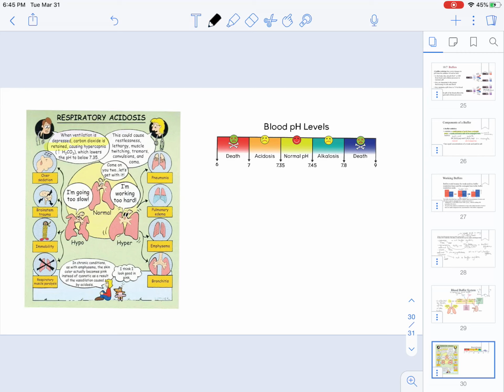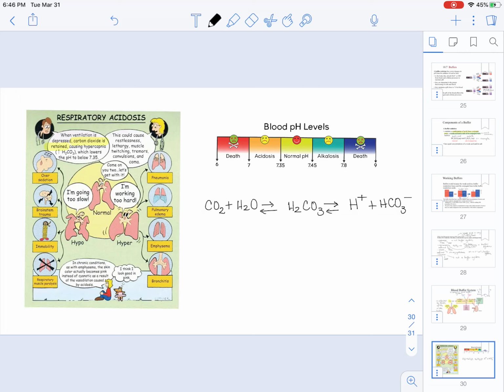But if I rewrite the buffer system that is in the previous slides, which means CO2 combines with water, and again, this is an equilibrium reaction, forming our carbonic acid. That carbonic acid can dissociate, produce protons and hydrogen carbonate. Let's explain why we utilize for this condition the term acidosis, even though it's explained that we're going to see increases in that H2CO3.